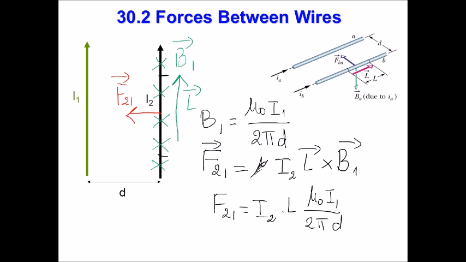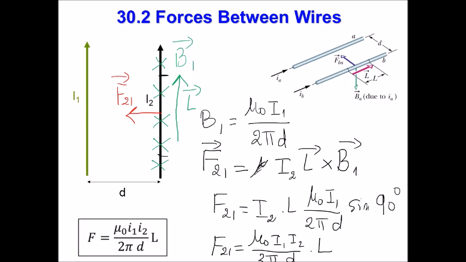What is phi? That's the angle between L and B1. They are perpendicular to each other, so that's sine of 90 degrees, which is just 1. We can write it this way: F21 equals mu 0 times the product of the two currents over 2 pi, the distance between the two wires, times the length, the element length that you choose. So basically, that's the formula shown here in the corner.